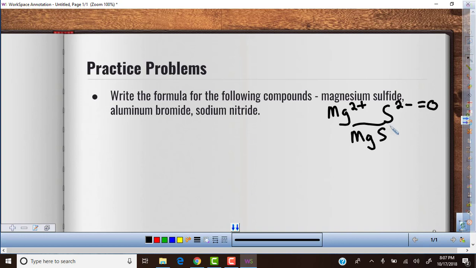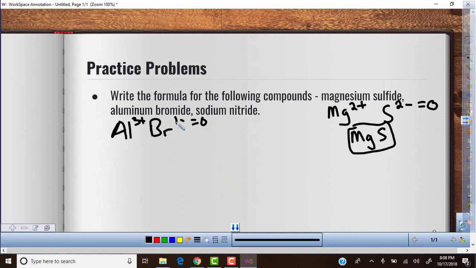So that's magnesium sulfide. Let's look at aluminum bromide. Aluminum is Al, bromine is Br. The charge on aluminum is a 3+, and bromine is a 1-. Now, a couple ways you can look at this. I need these to balance out to equal 0.